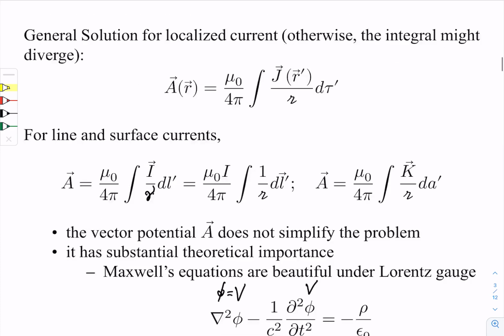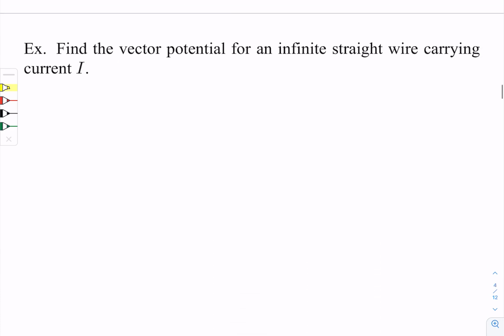So here I'm trying to give you this example. If we consider an infinitely long straight wire with current I that extends to infinity, and we try to find out the potential, we can first try to write down this vector potential using the formula above.